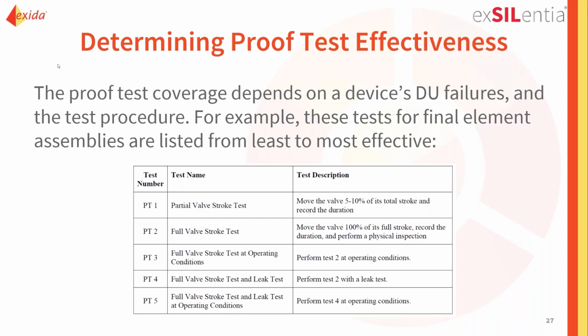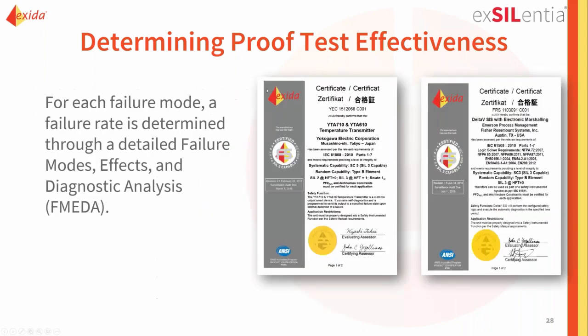So we have these trade-offs. The more extensive the test, you expect to detect more failures, but more extensive means it's probably going to cost more. What do we want to do? So how do we get that?